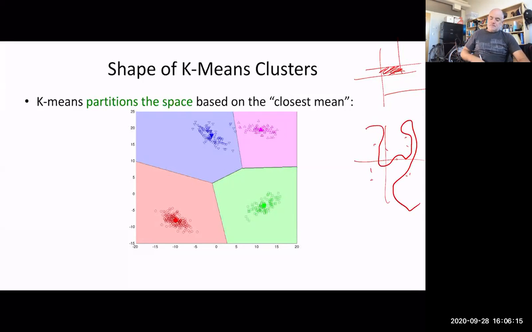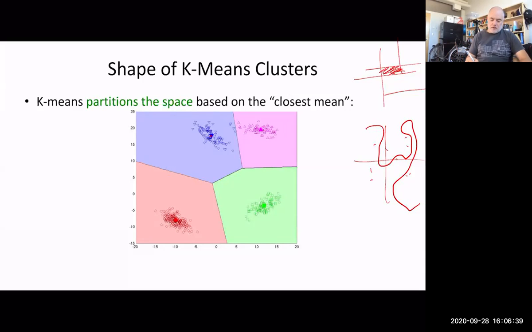Okay? So we can think about the same kind of thing in unsupervised learning, right? And ask, for instance, what are the shapes of the clusters induced by the k-means clustering algorithm, or induced by the k-means clustering loss, right? So k-means partitions the space based on the closest mean, right?